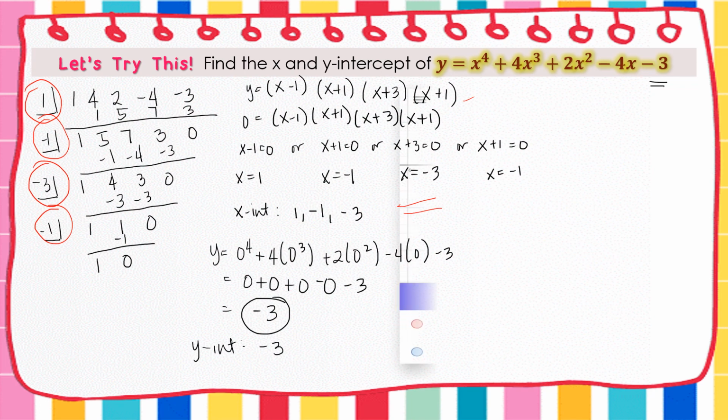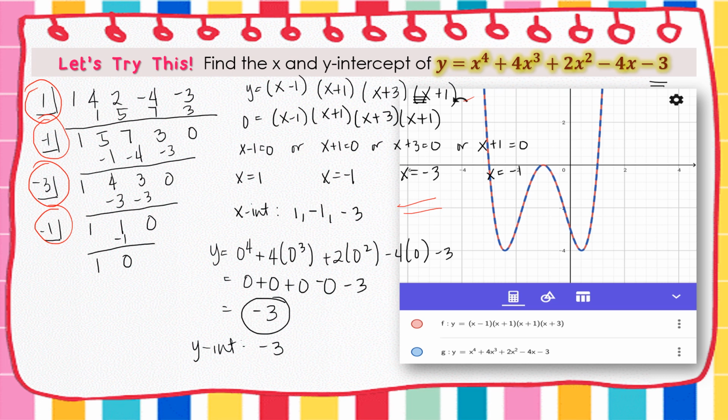Now, let's try to graph. So, ito yung graph niya. Sorry, medyo pumatong na talaga yung ating Ayan yung graph niya. Ito yung graph ni y.